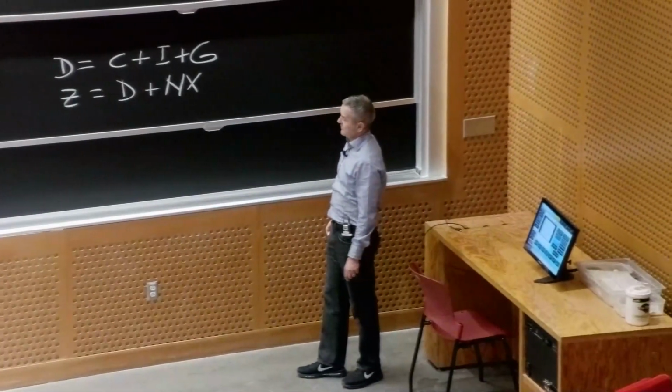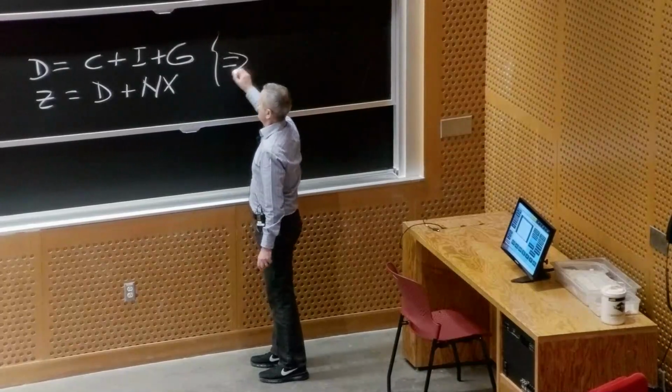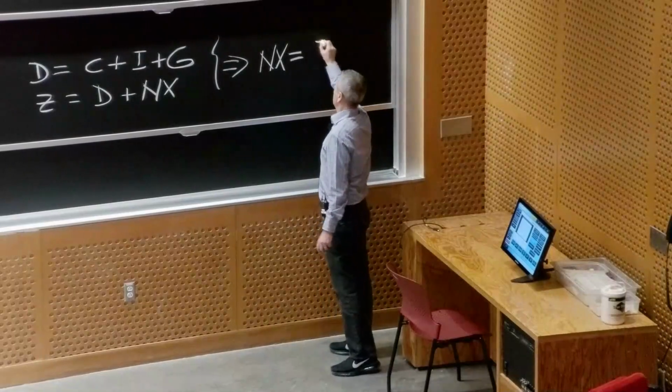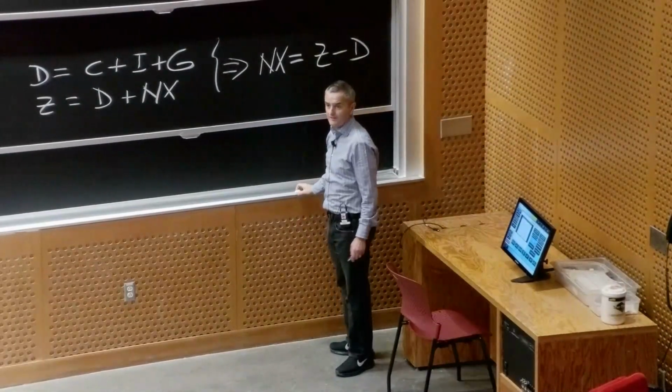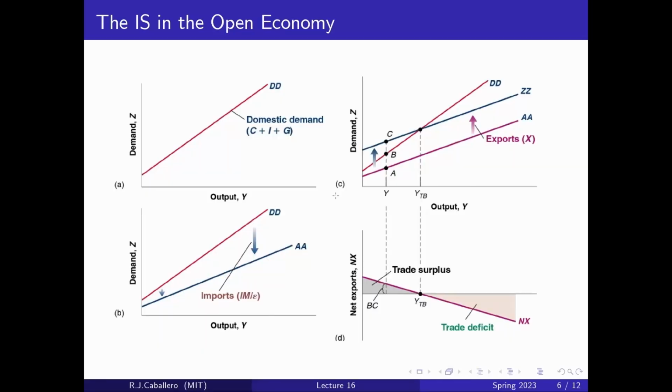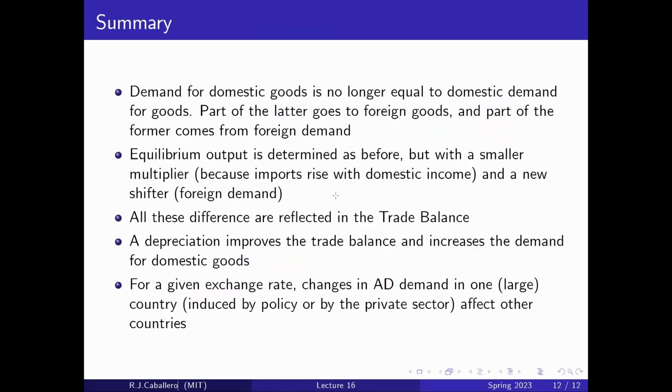So what I'm saying is that net exports is just equal to Z minus D. That's the reason, when I showed you this very early on, the distance between ZZ and DD is the net export here. That's the reason that when the two of them are the same, that also means that net export is equal to 0.